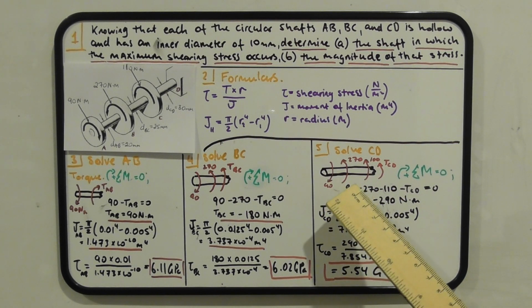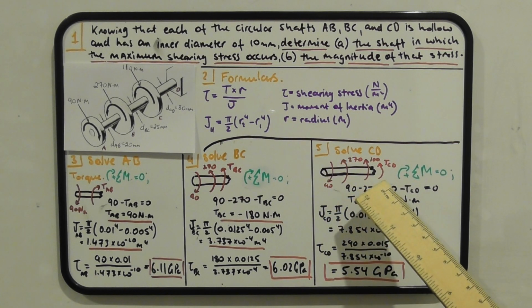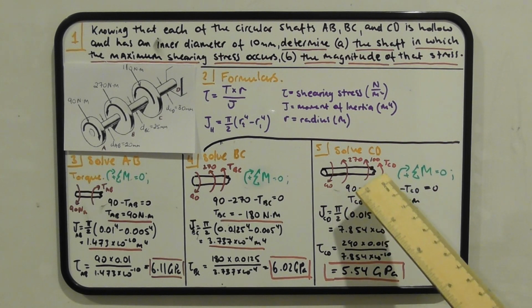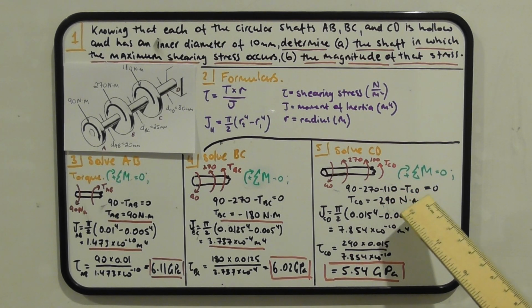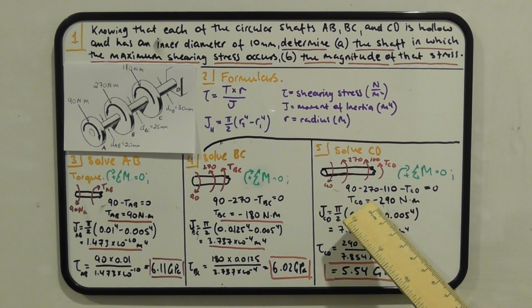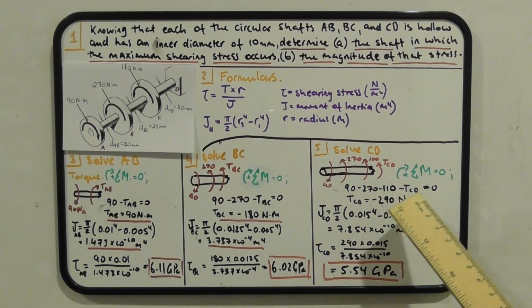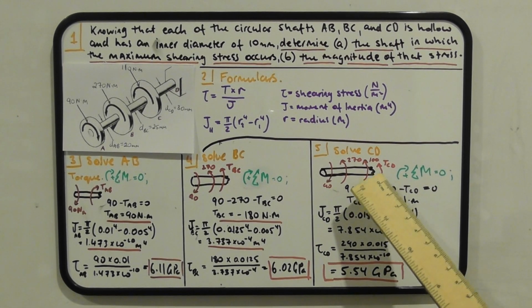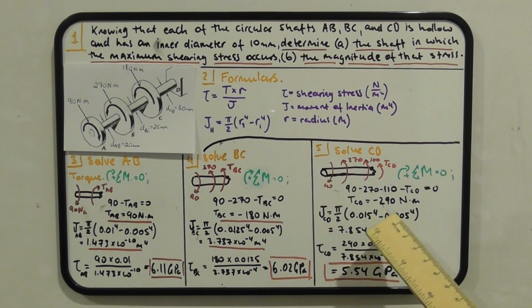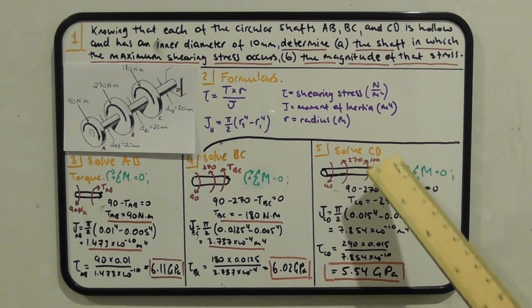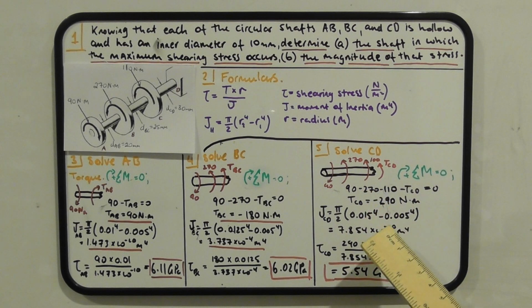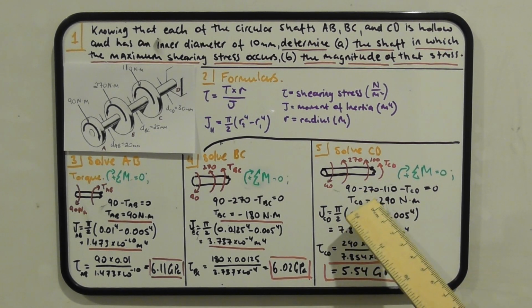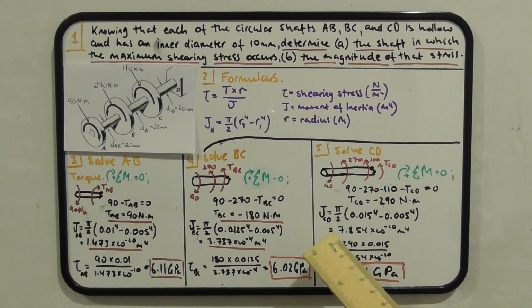So then we go positive 90, negative 270, negative 110, negative torque CD equals 0. And that will equate to torque CD equals negative 290. So that's just saying, as before, that our assumed direction is wrong. The torque would be acting in the other direction.